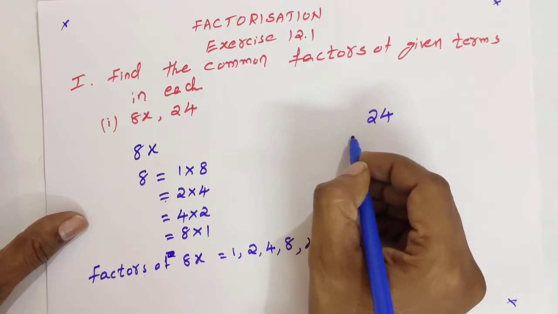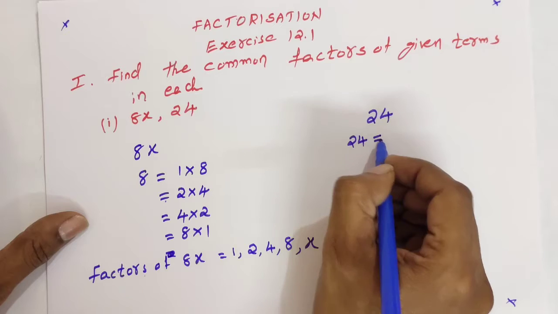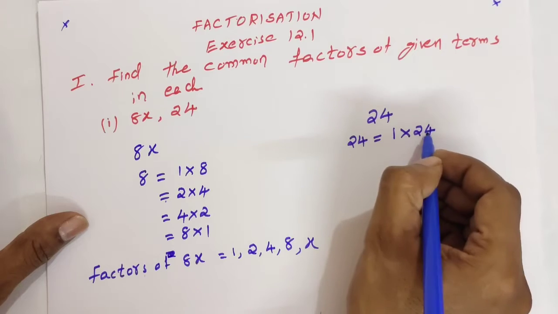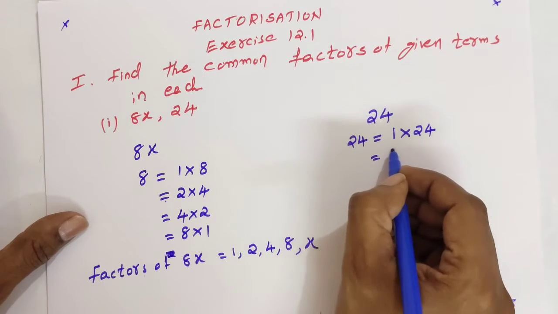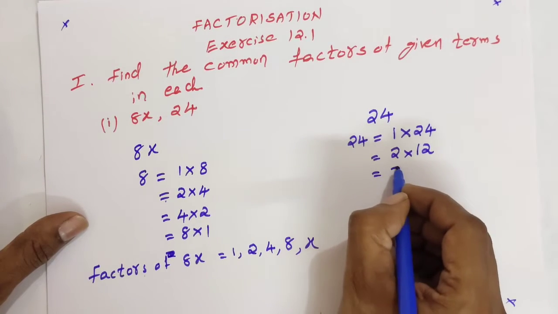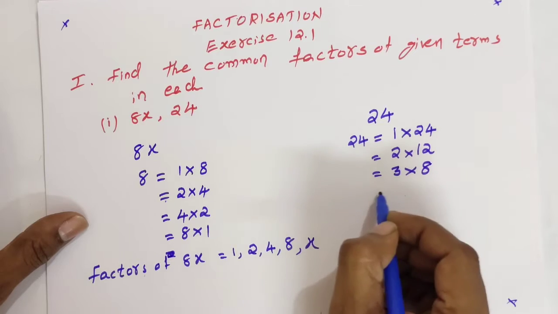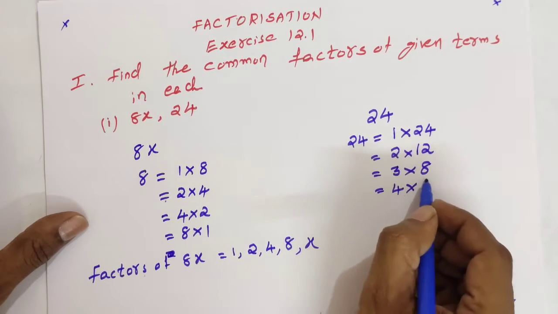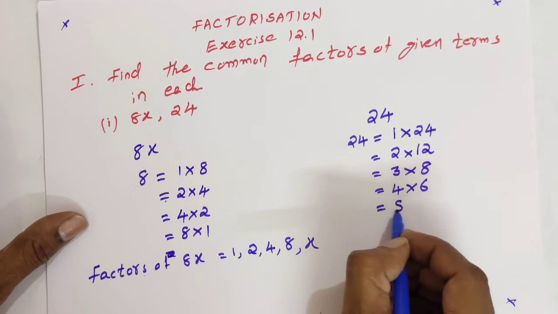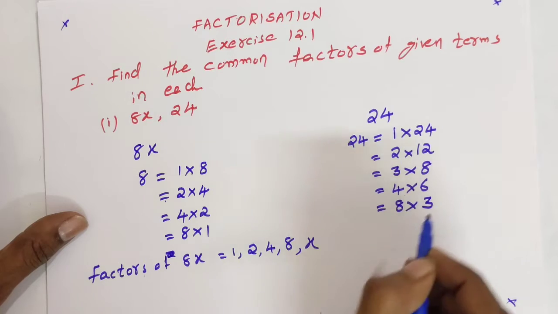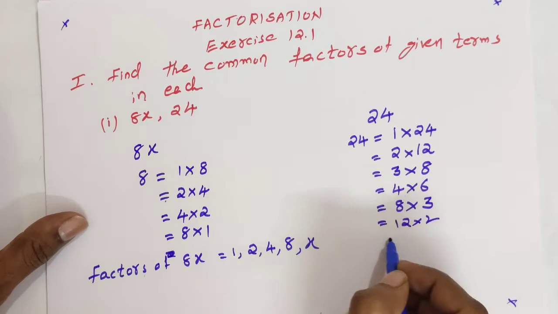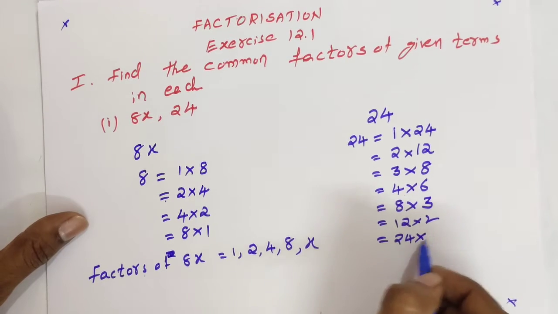24 can be written as 1 into 24, and next by the 2 table, 2 12s are, by the 3 table, 3 8s are, by the 4 table, 4 6s are, and then 6 4s, 8 3s, 12 2s, and at last 24 1.